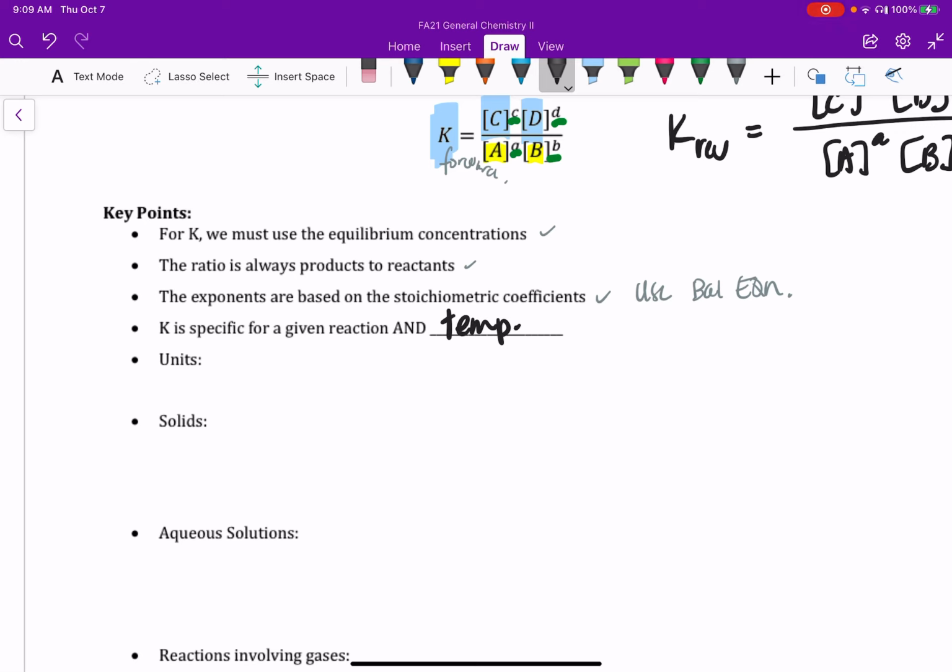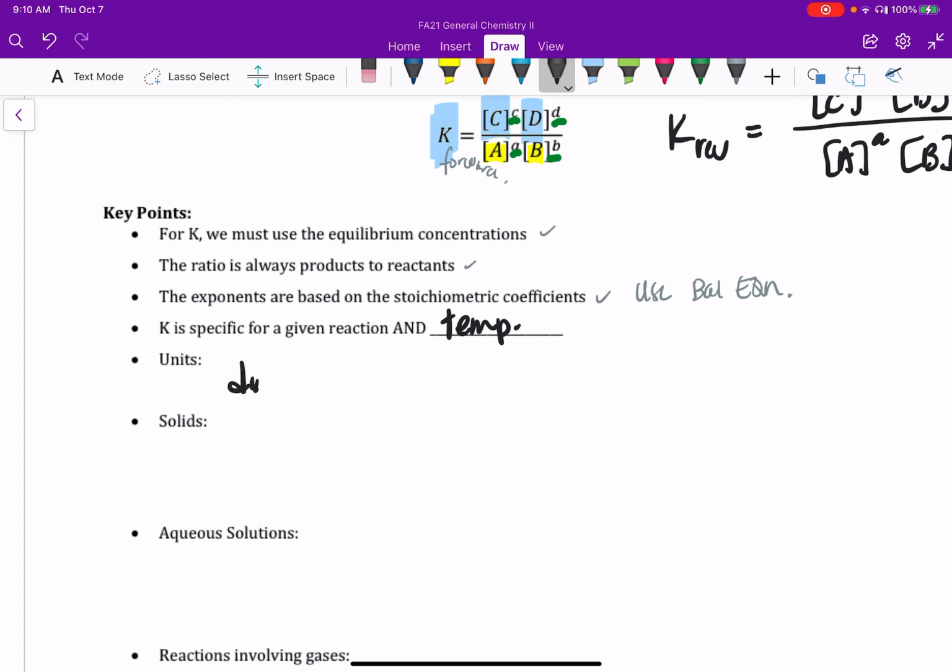So as temperature changes, that K will change. And all this really means at this point is that when you read problems, the problems will say K is blah, blah, blah at 325 Kelvin or something like that. It'll specify a temperature.